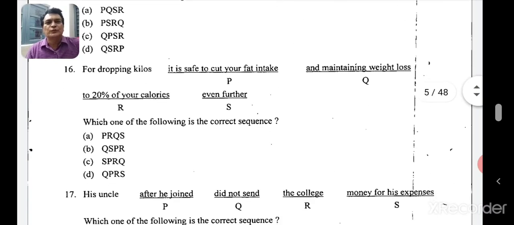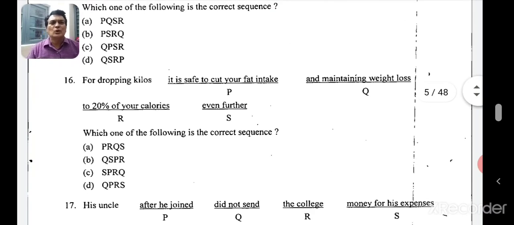Let's go to the 16th one. For dropping kilos, it is safe to cut your fat intake and maintaining weight loss to 20% of your calories even further. For dropping kilos, the ing form is there. Then naturally, the second part, the ing form, should go: and maintaining weight loss.